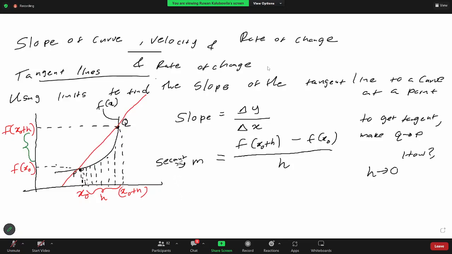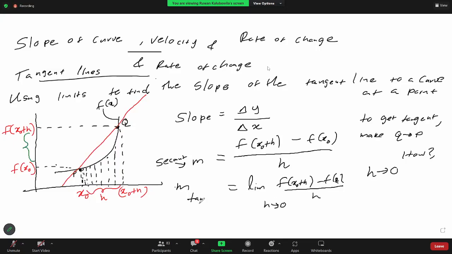So let's take the limit of this slope function. If you need to find the tangent at the point P, that means m tangent is the limit of f(x naught plus h) minus f(x naught), divided by h, when h approaches zero.